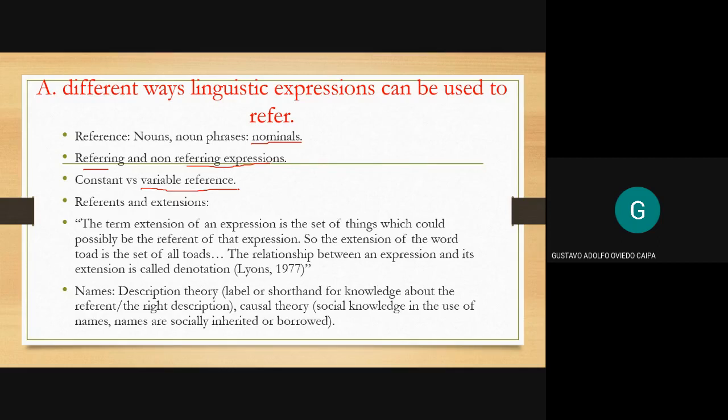If every one of you says my hand, the reference is going to be different for each and every one of us, right? So that means that the reference is variable. And there are some expressions that can be constant, for example, expressions known to everyone like the moon or the sun or names of cities like Paris. But as I mentioned in the classroom too, that can also be variable depending on the use of the speaker.